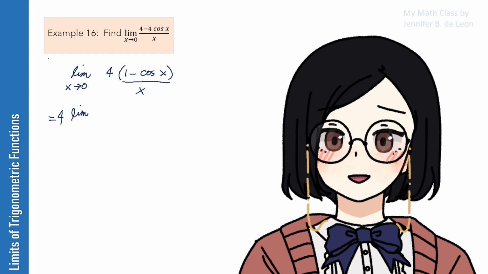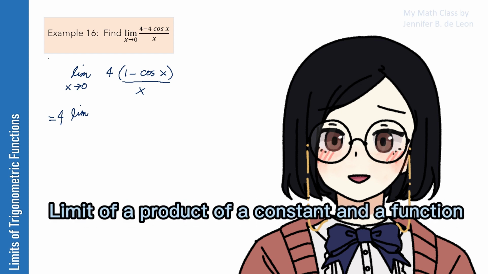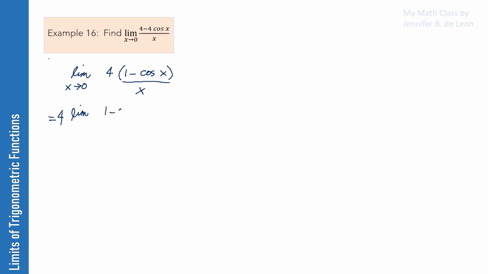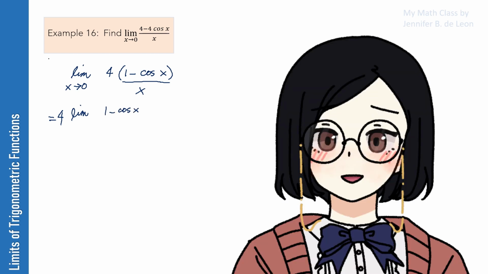Applying the limit law of the product of a constant and a function, we will have 4 times the limit of 1 minus cosine x all over x as x approaches 0.